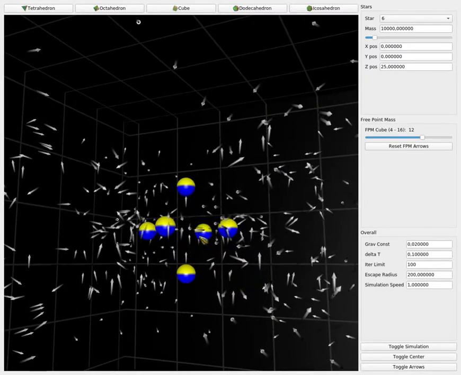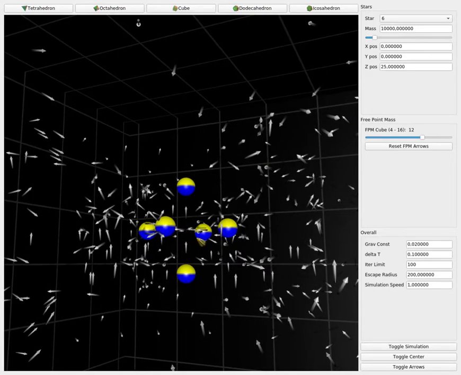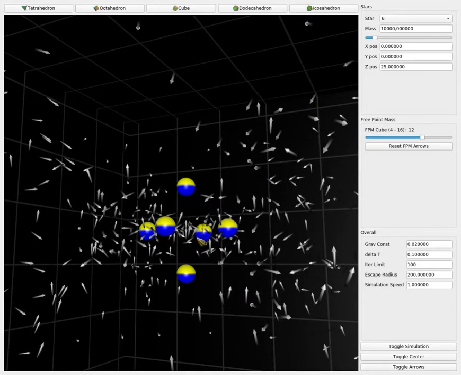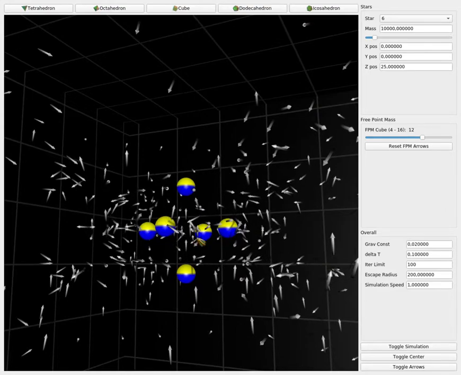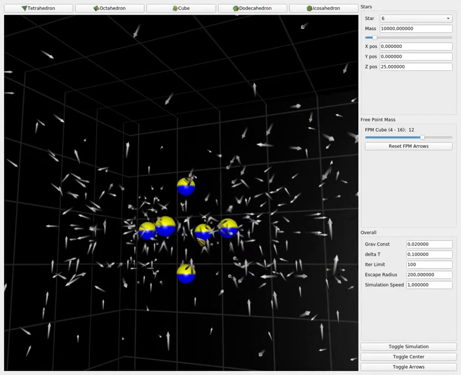Oh, and did you see that? Those are arrows that are being ejected from the system at high velocity because these stars are basically singularities. So because this is Eulerian integration, there's a lot of error, especially near the singularity.